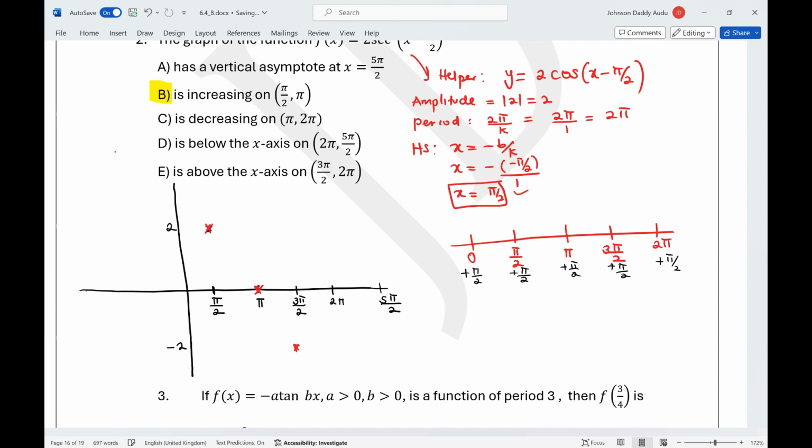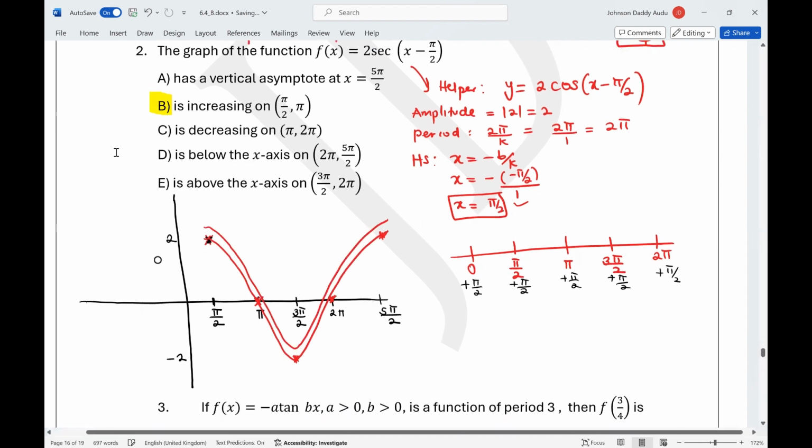At 2 pi, we'll be back to the baseline. Then at 5 pi over 2, so it's going to be something like this. Right.